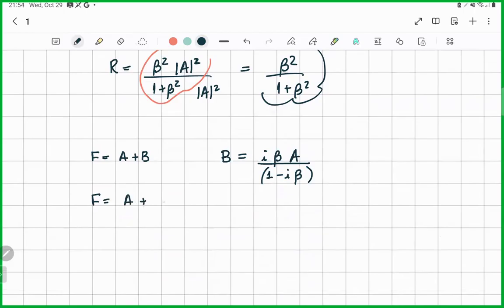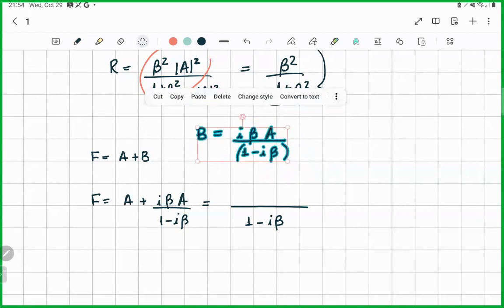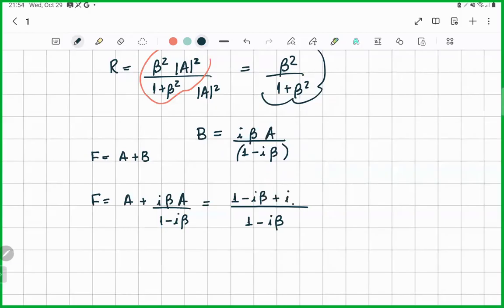A plus I beta A over 1 minus I beta. So I have to put everything under the common denominator. And then we have 1 minus I beta plus I beta, A. And you see that F is A over 1 minus I beta.